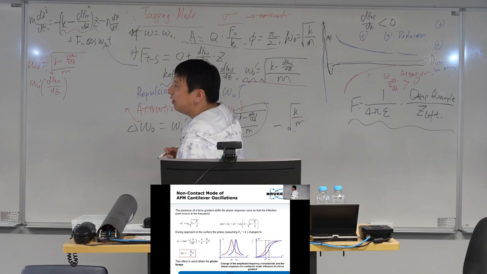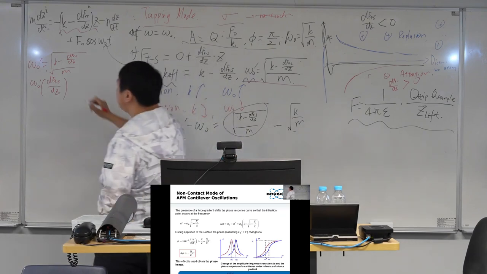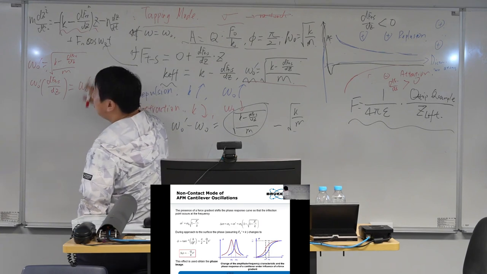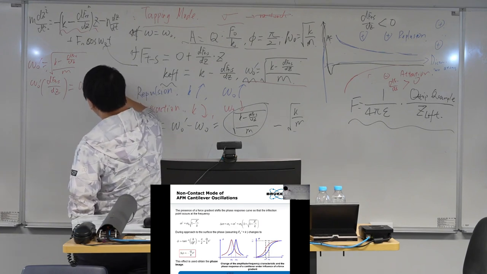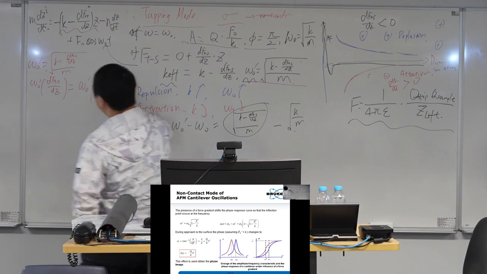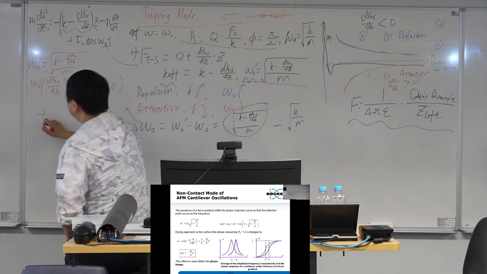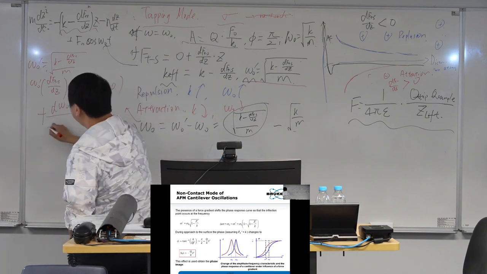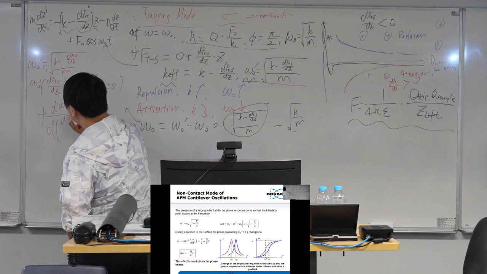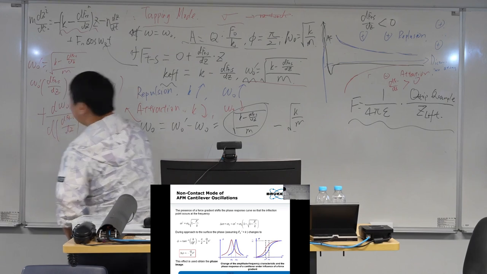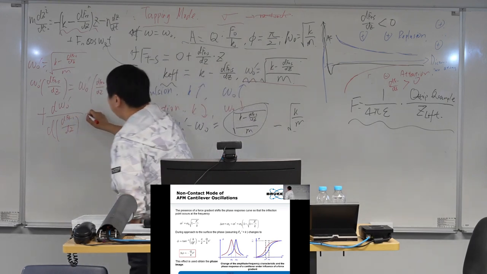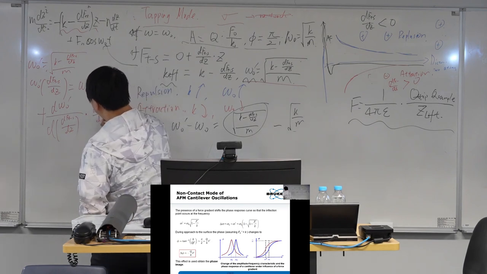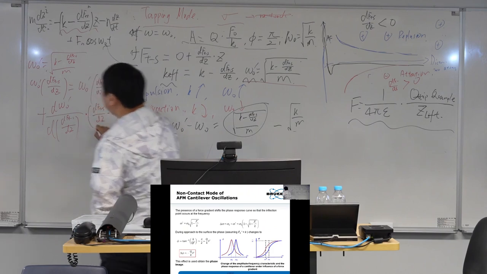I can write it down using the Taylor equation as omega 0 at dFTS over dz equals 0, plus d omega 0 over d dFTS/dz times dFTS over dz minus 0.